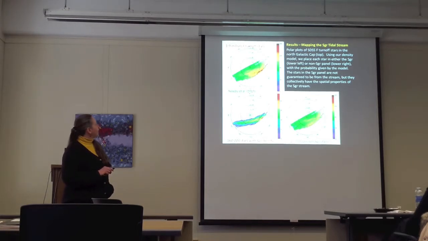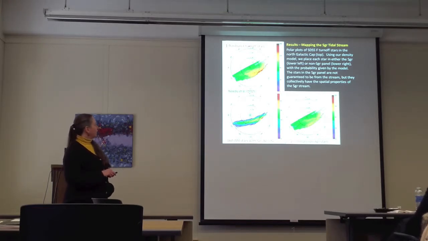And then we run it through MilkyWay@Home, and we do it one stripe at a time, going through this data and putting it all together. When we have the density map of the stream and the stuff that's not the stream, we can pick up every star, star by star, and say what's the probability it's in the stream or not in the stream, and put it in 2 different categories.